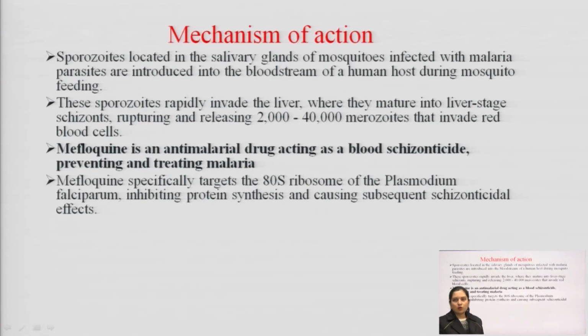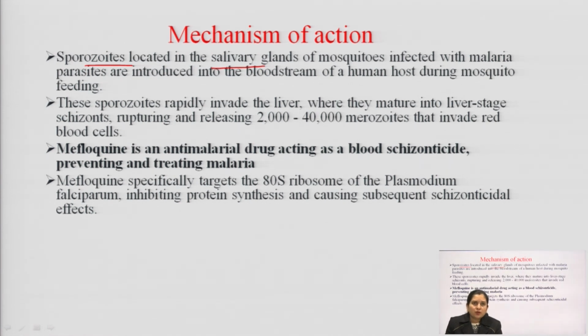Mechanism of action: the sporozoites, which are located in the salivary gland of the mosquito infected with malaria, are introduced into the bloodstream of the host that the mosquito bites.